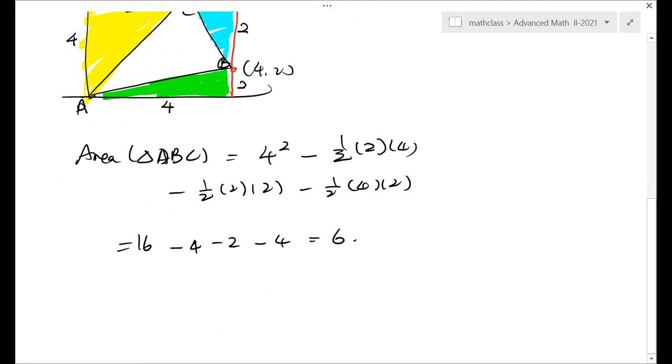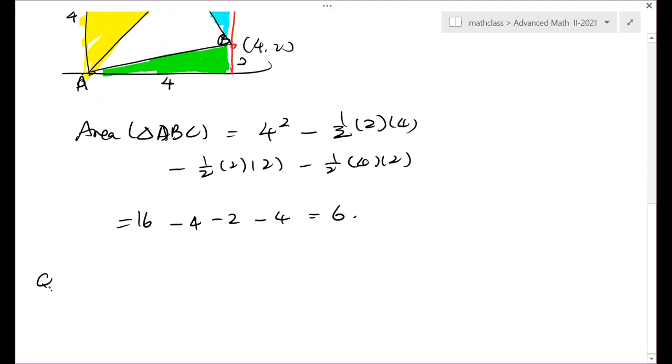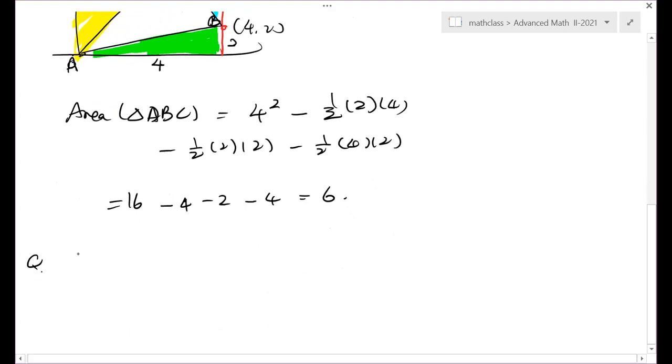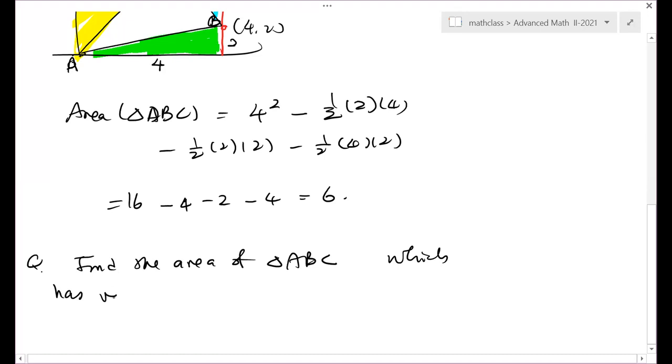Okay. All right, so I'm going to ask you to do the next problem. Find the area of the triangle ABC, which has vertices.